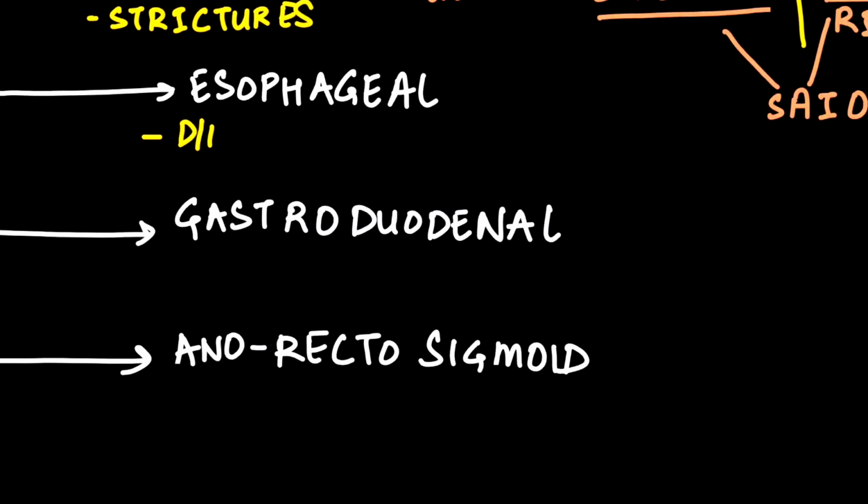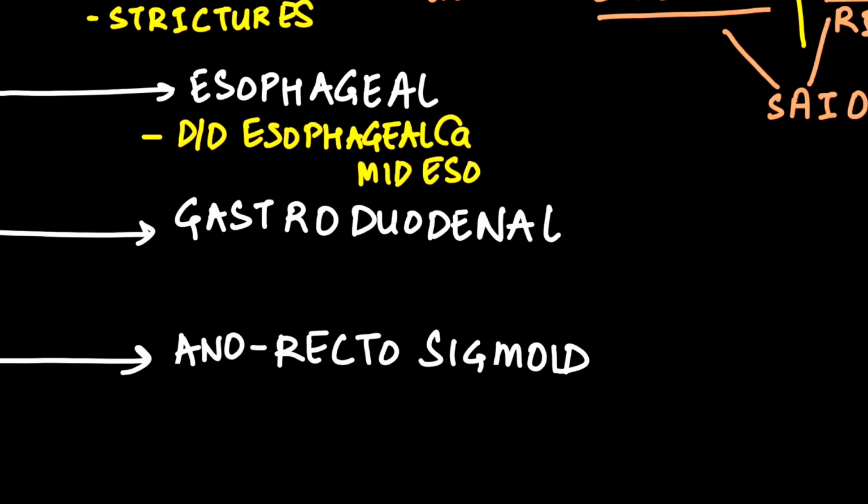The differential diagnosis is an esophageal carcinoma. It usually presents in mid-esophagus, and the patients usually present with ulcer, dysphagia, or odynophagia, or a low-grade fever.